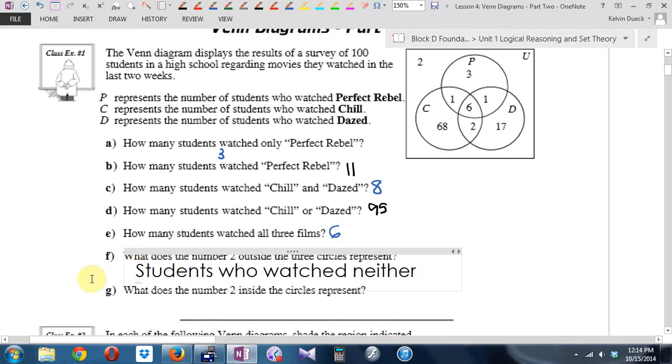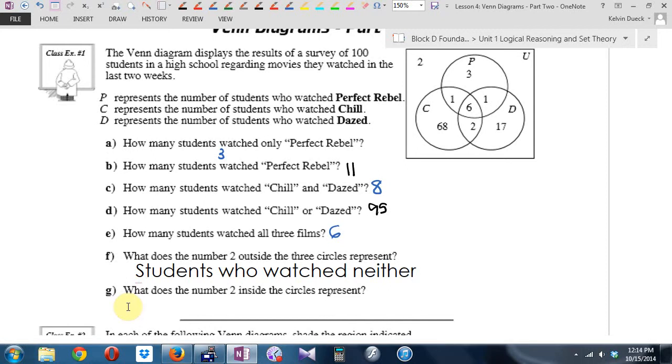What does the number 2 inside the circle represent? I disagree. It doesn't represent watched Dazed, because that would also include the 6.